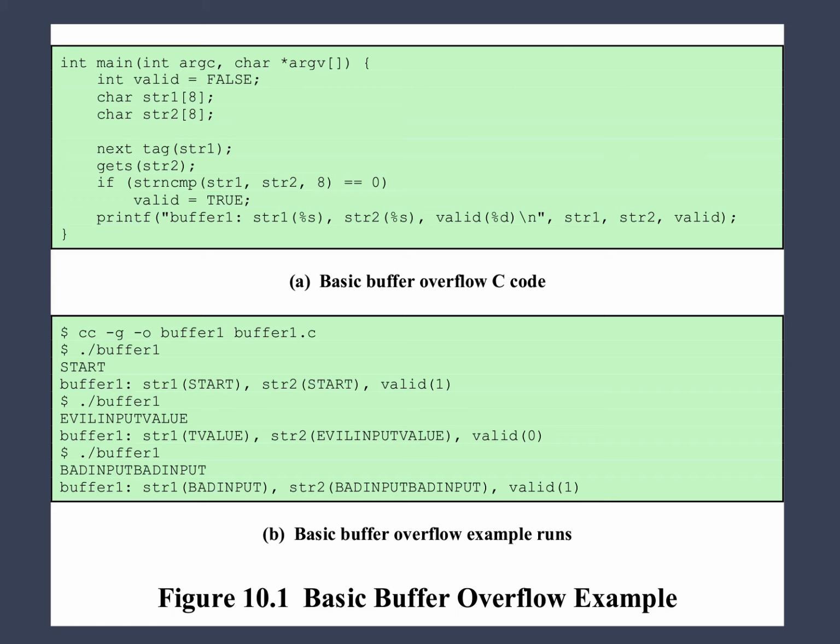So in a very simple representation, what we have is a basic buffer overflow code. Why? Because let's say we have a character buffer, 8 bytes. Then we try to compare this 8 byte buffer with 8 bytes and say that yes, this is successful or not.